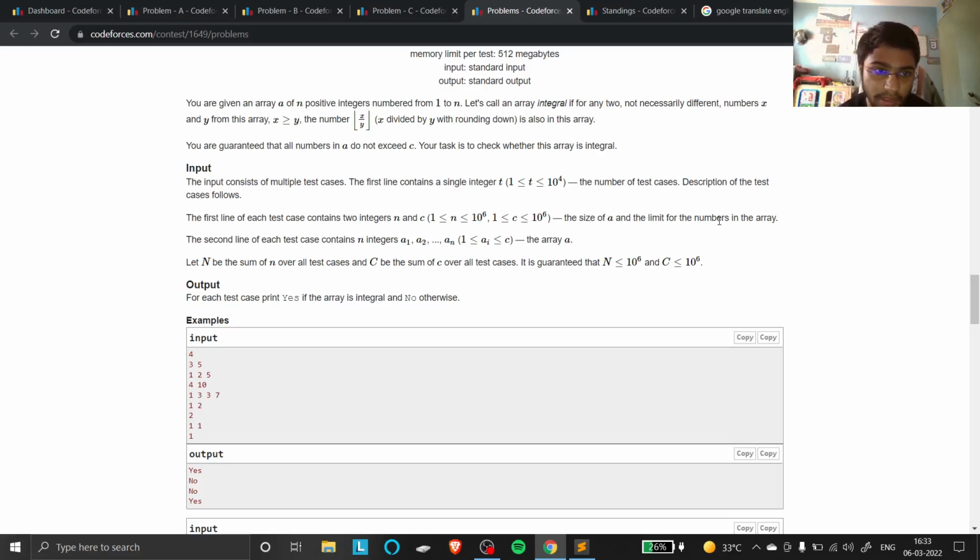The number in the array, just the array. Just one.